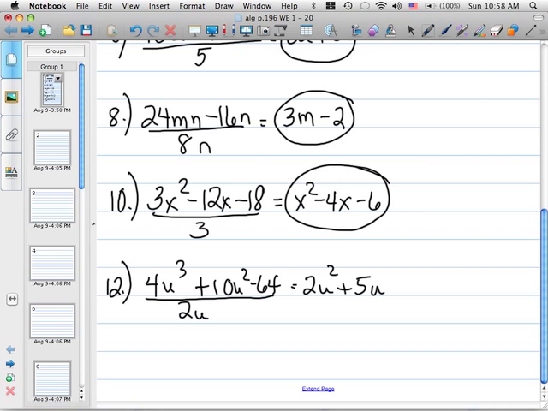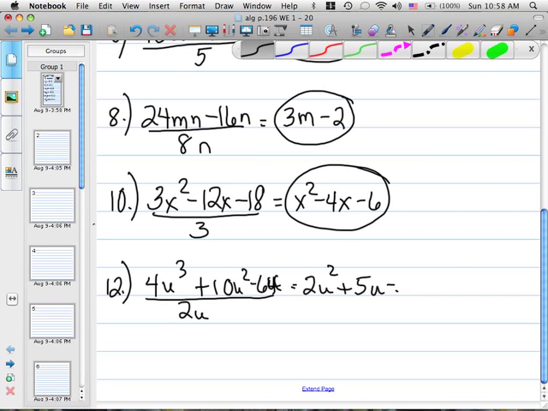And negative 6... let's see, did I forget something? Yeah, it should be, that's a 6u. So 2 goes into negative 6, negative 3, and the u's cancel out.